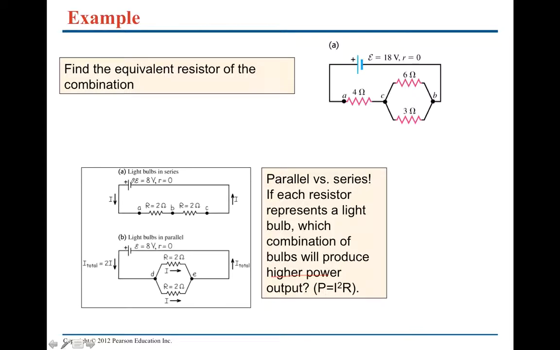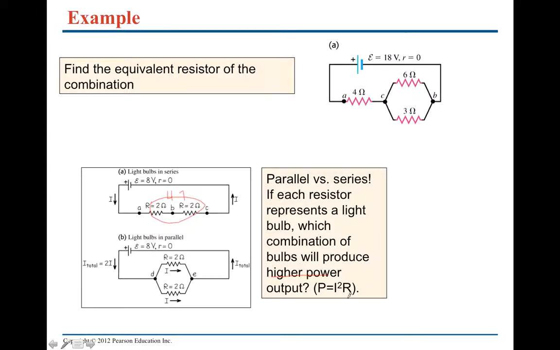The current will be equal to 8 minus 2I minus 2I minus 4I, so 8 over 4, and the current is equal to 2.